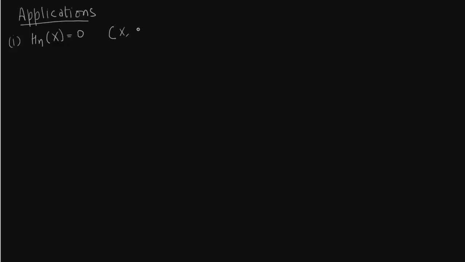But this method also gives us 0 if there are no n cells, because Xn comma Xn minus 1 will give you 0. Not no 0 cells, but no n cells.